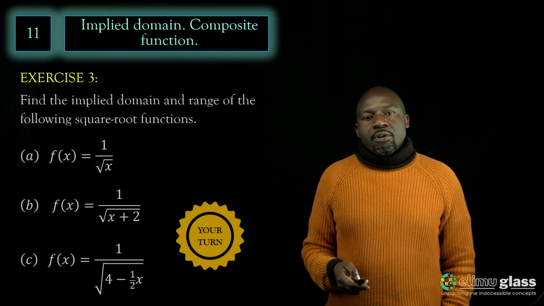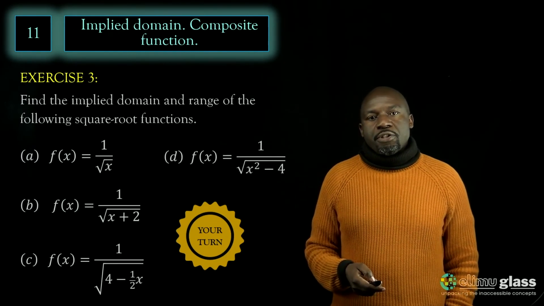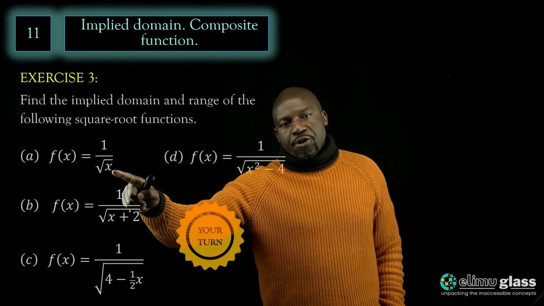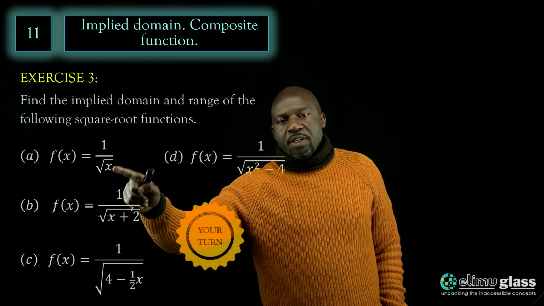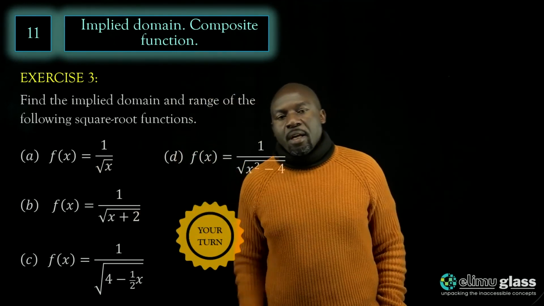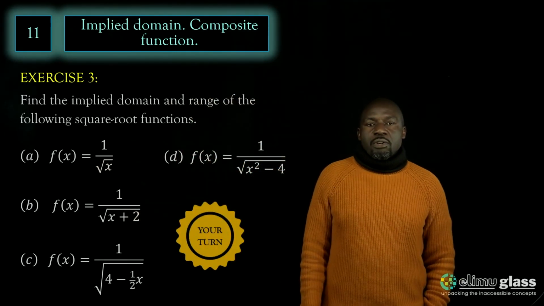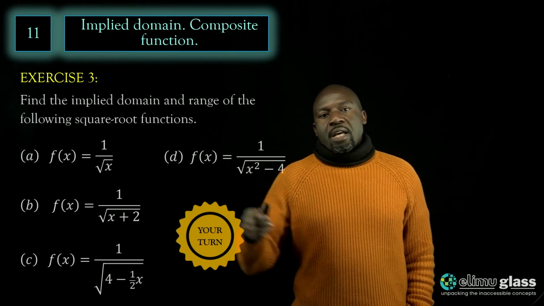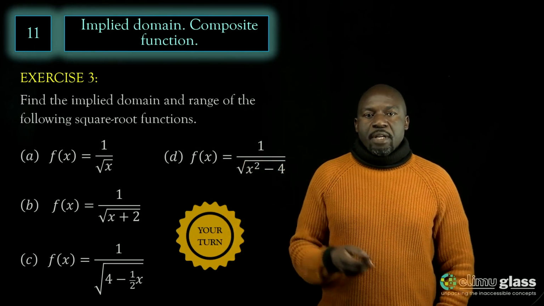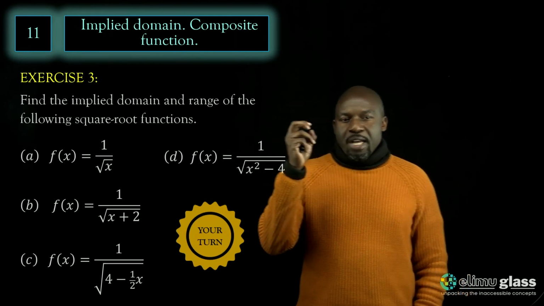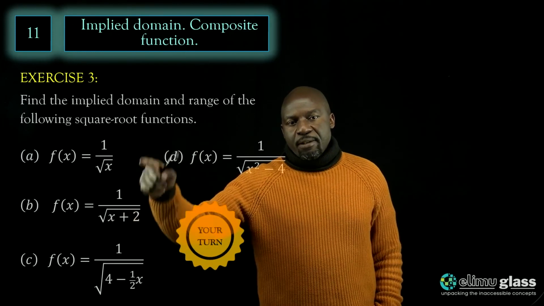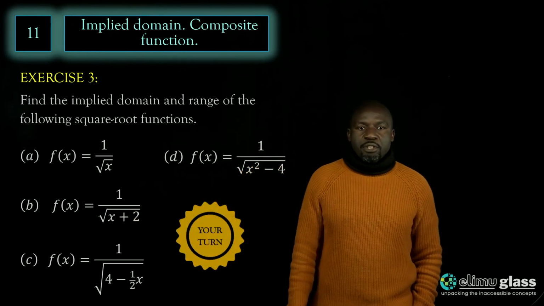Of these 4 questions, you notice now it's not just a reciprocal function, but there is a square root, and we discussed square root in video number 7. So think about what you understood from video number 7 and what we have understood from video number 8, this video, and then combine those to try and find the implied domain of these particular functions.